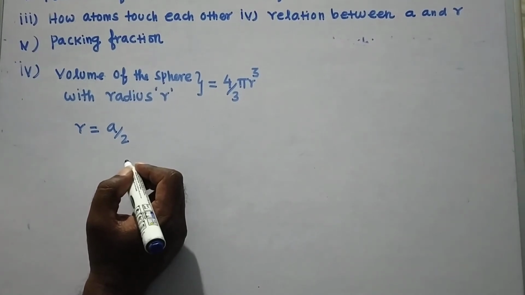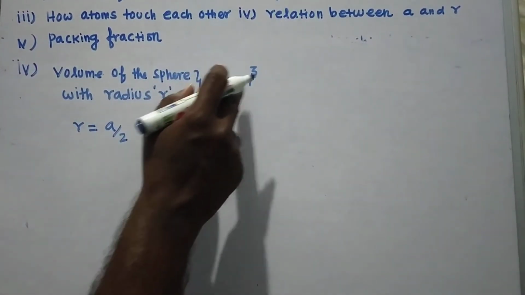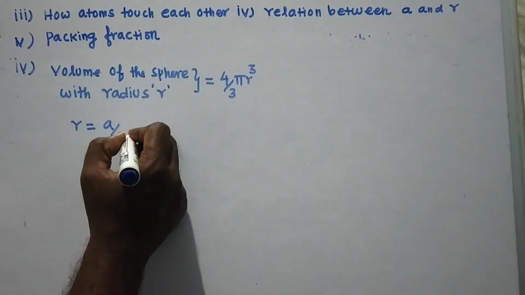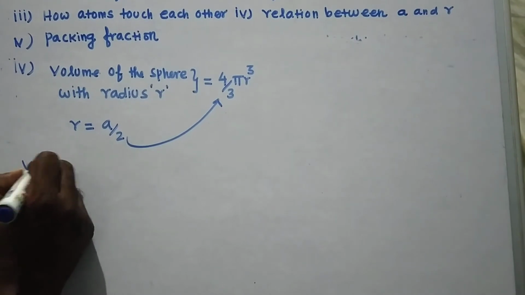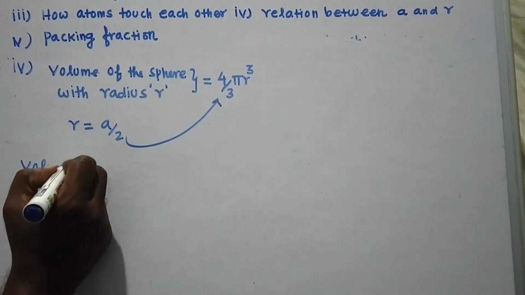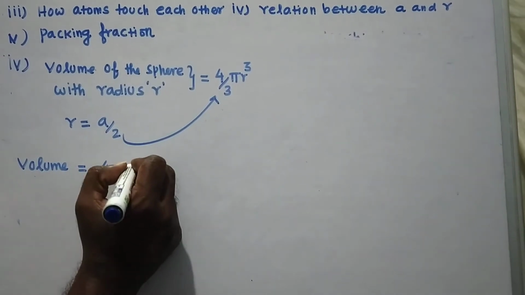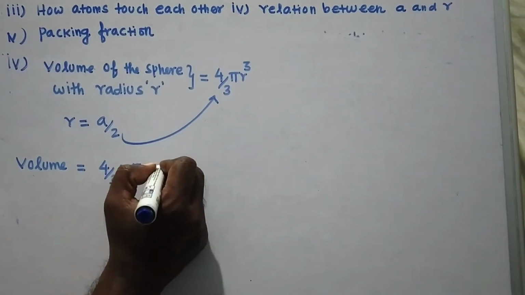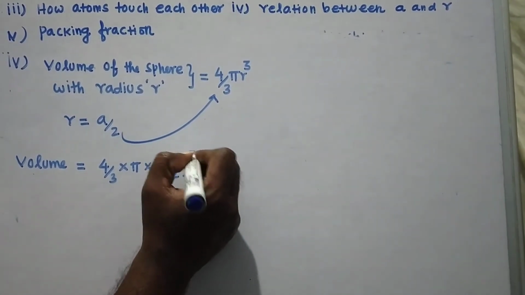Now we are going to see volume of the sphere with the radius R. It's equal to 4 by 3 pi R cube. Now substitute the value R is equal to A by 2 in this formula. Then the volume is equal to 4 by 3 into pi into A by 2 whole cube.